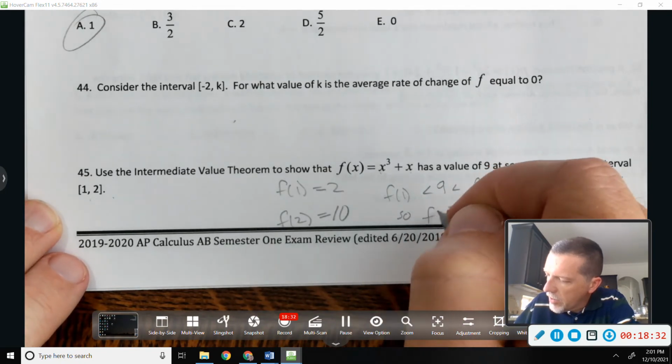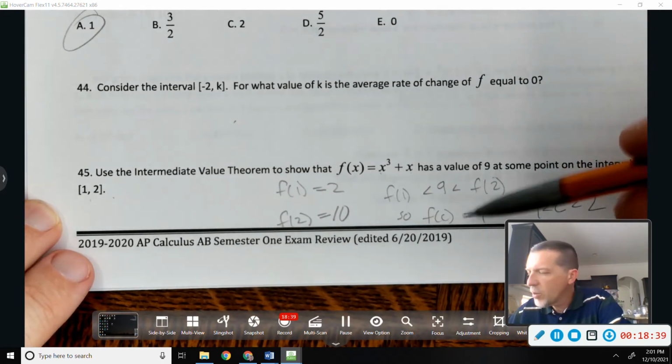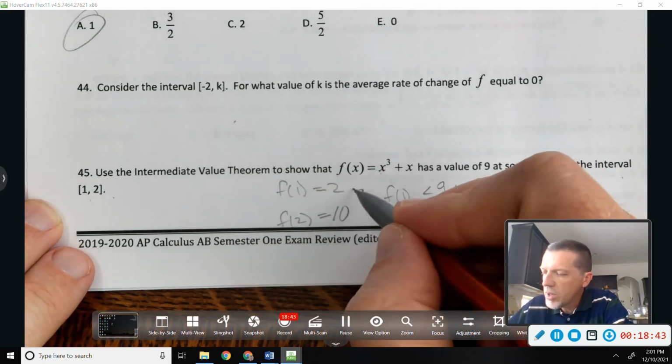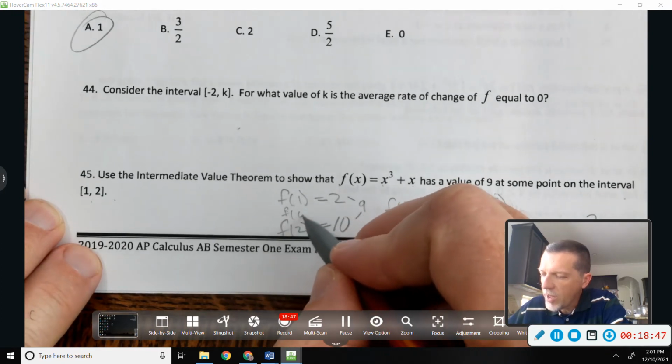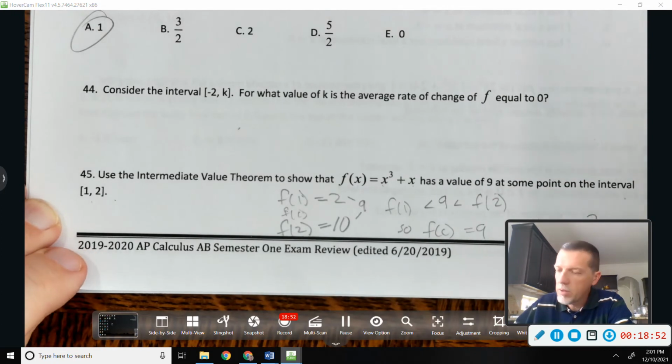So f of c equals 9 when c is between 1 and 2. And there's a couple ways you could word that, but it comes down to 9's in between 2 and 10, therefore f of some value is going to give you 9, and that value is between 1 and 2.